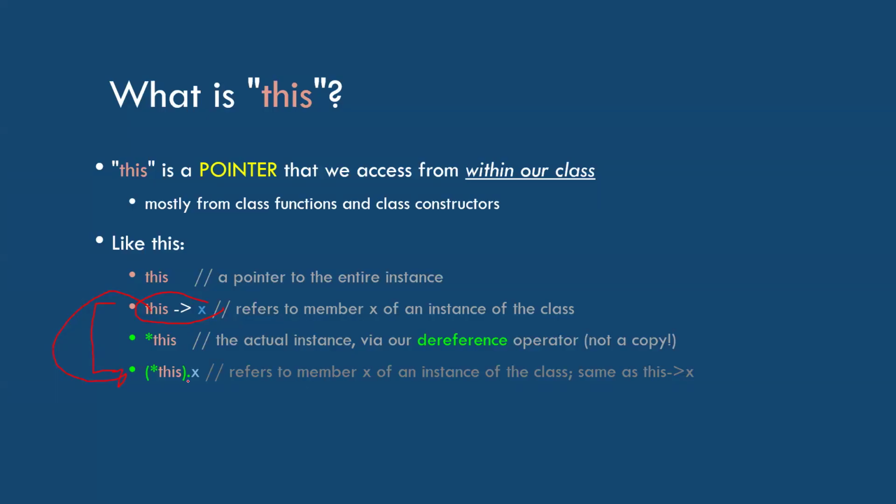Dereference the instance and then follow it with a dot. Personally, I'd rather see this. This is called syntactic sugar. Many languages, their compilers or their interpreters give us humans syntax that we like in theory, and then they convert it into this before they actually make our final executable.